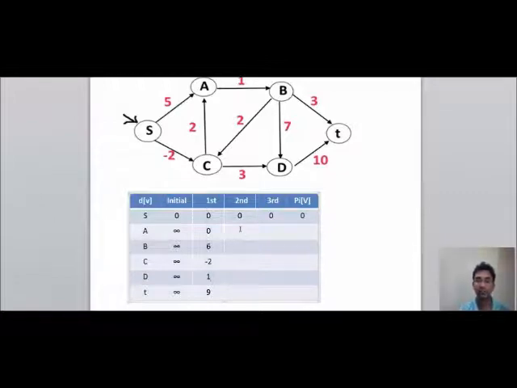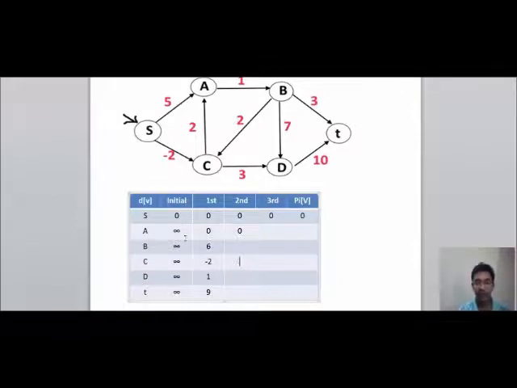So in our second iteration, we will go through this process again as per our algorithm. The value of node A is 0 and the value of S is 0 initially, and the edge value is 5, so 0 is not greater than 5, so we can stick with our previous value.